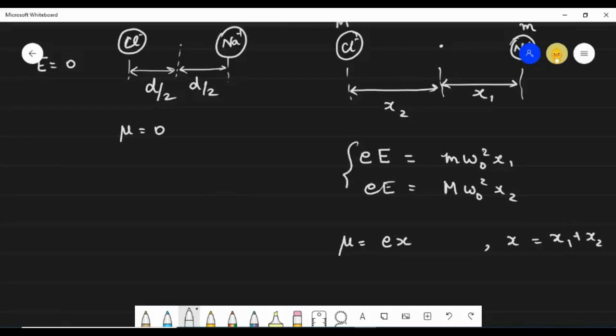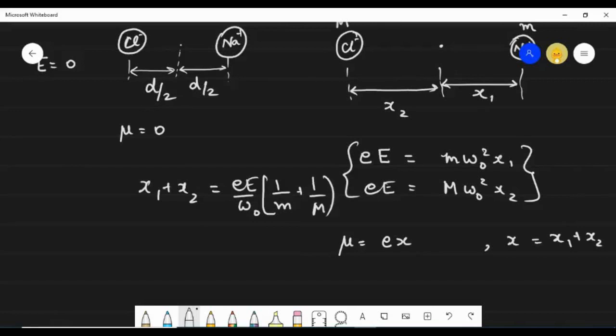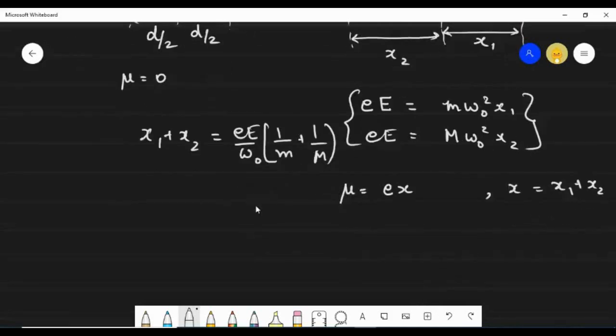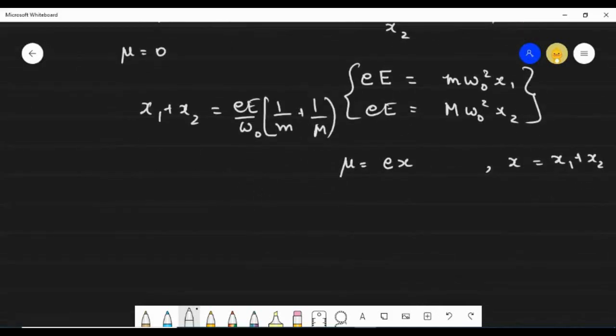Comparing these two equations, you have x1 plus x2 equal to e E by omega naught square into 1 by m plus 1 by M. On substituting, we have the induced dipole moment to be e square by omega naught square into 1 by m plus 1 by M times E.